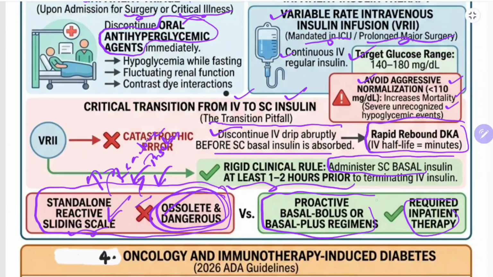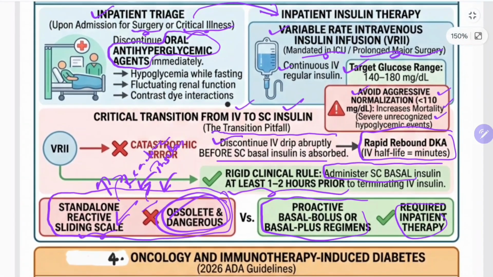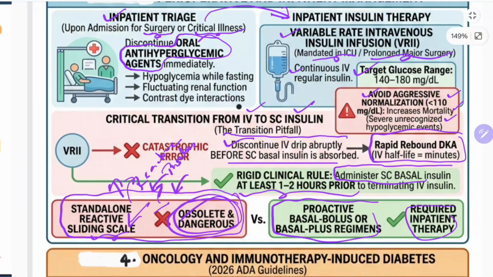So you give proactive, meaning basal bolus or basal plus regimens, to patients who require inpatient therapy. Don't give reactive. So you stop the oral hypoglycemic drugs and you start insulin in patients who are in critical care or undergoing surgery. That is an important thing to remember.